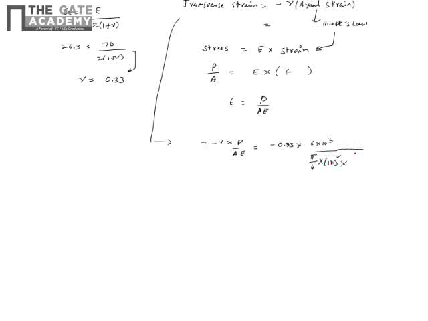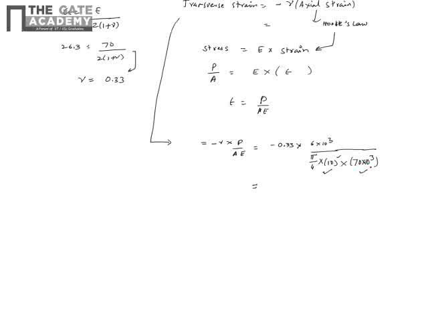So areas I always keep in mm square, loads in newton, so that directly you will get stress in MPa, and Young's modulus is given in GPa, I'll substitute in MPa in order to be consistent with this. Okay, so you have this mm square, and this is newton per mm square, which is MPa.